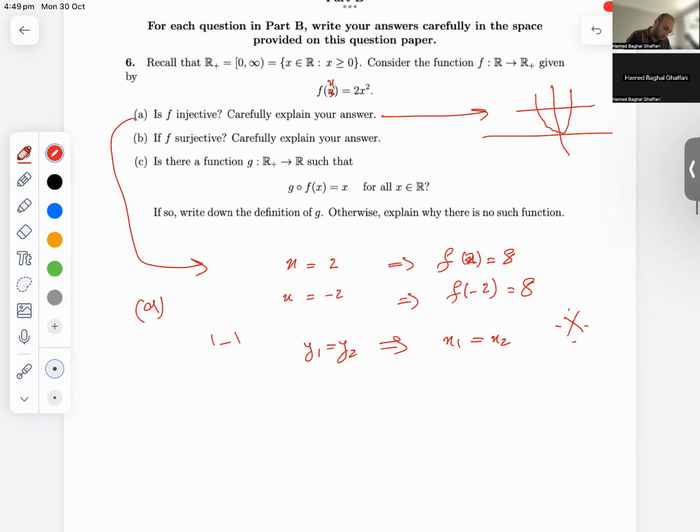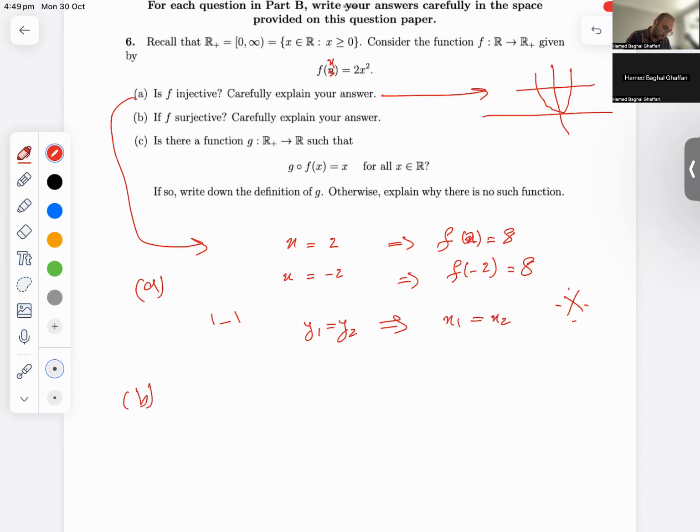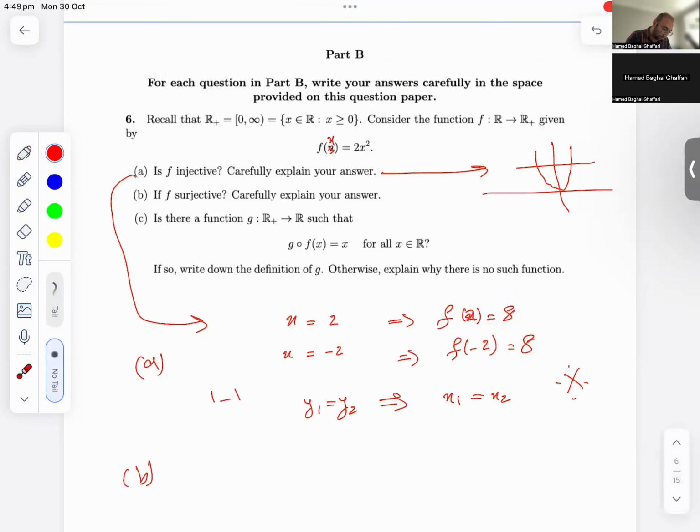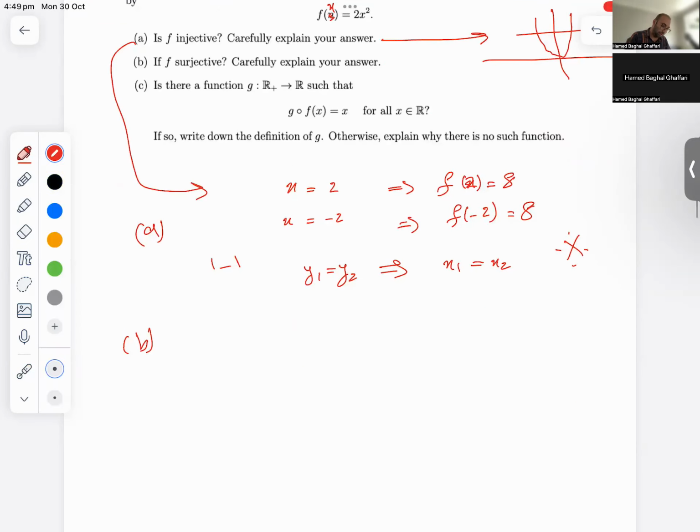Part B, surjective. Yes, surjective. The range of the function is this one, so it's surjective, and it covers all of its range. But we can write it like this. Let y equal b be an arbitrary number in the range of the function.